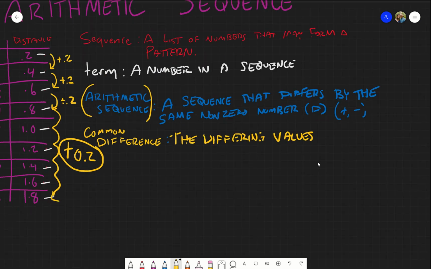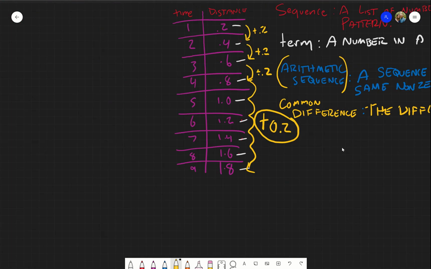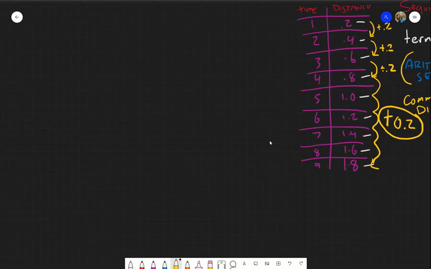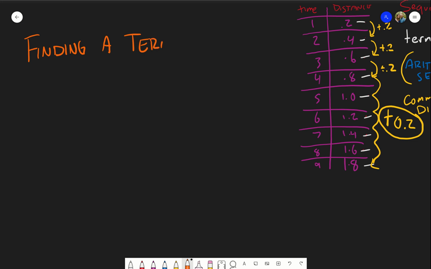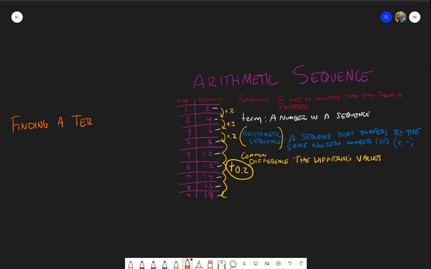All right, so as we're moving on here, I'm going to keep this table because I like this sequence. We're going to have two main goals today. Our first goal is finding a term of an arithmetic sequence.